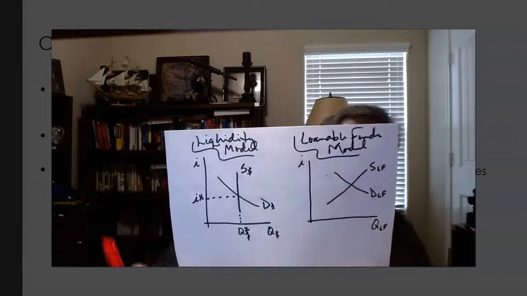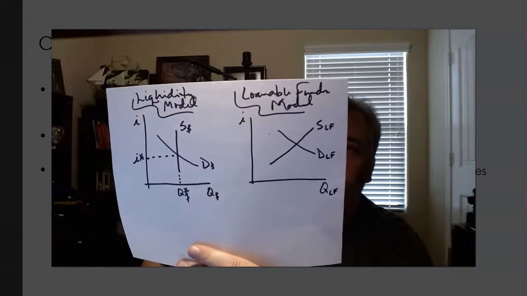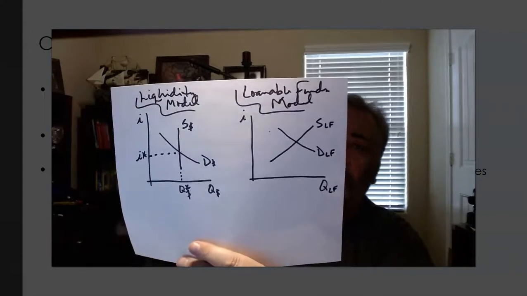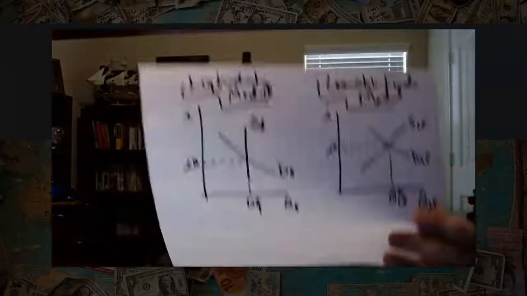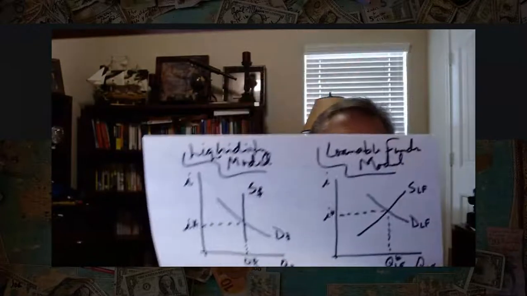Then there's the loanable funds model, and that's just what it sounds like. It's money that's available to be loaned. It too has an equilibrium interest rate and an equilibrium quantity of loanable funds.